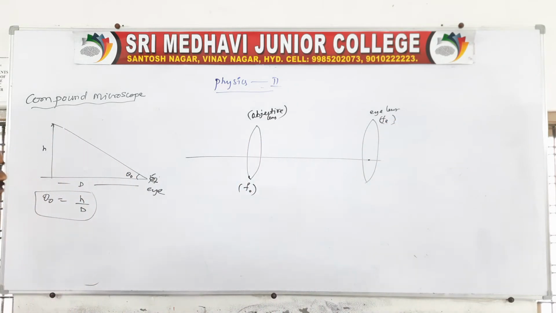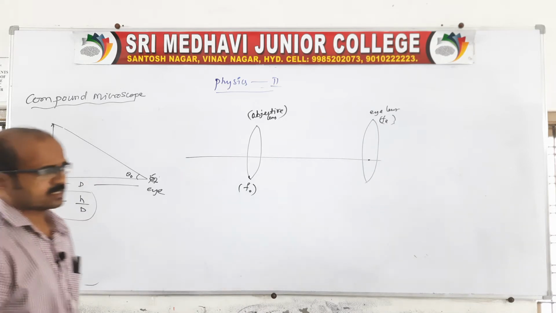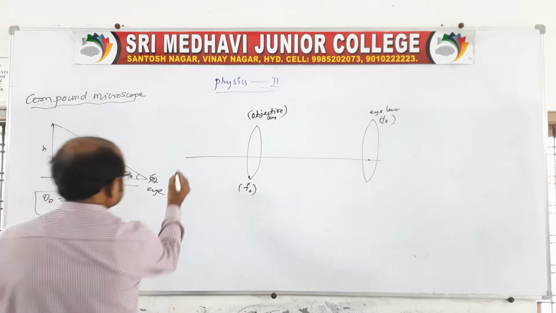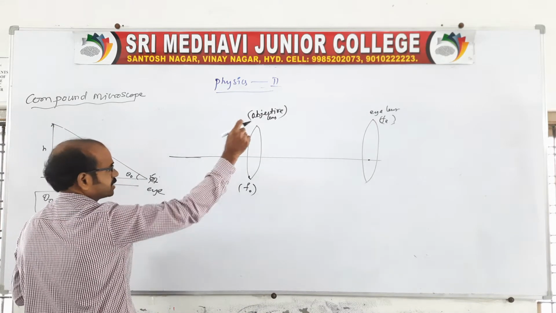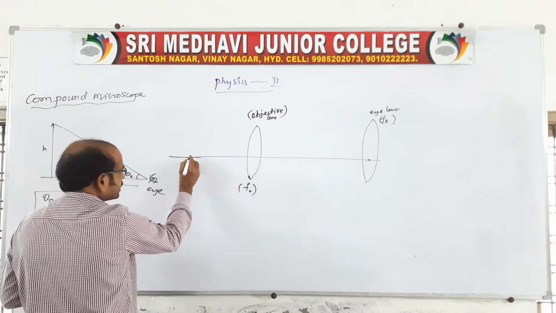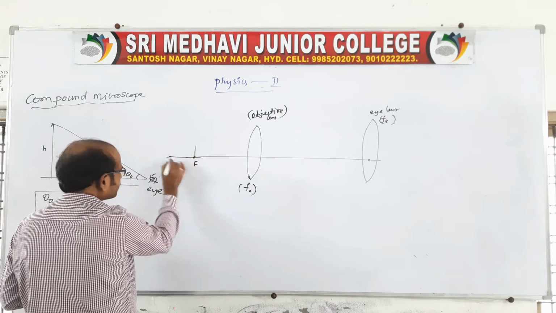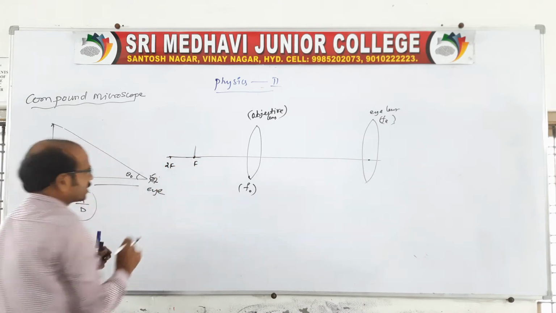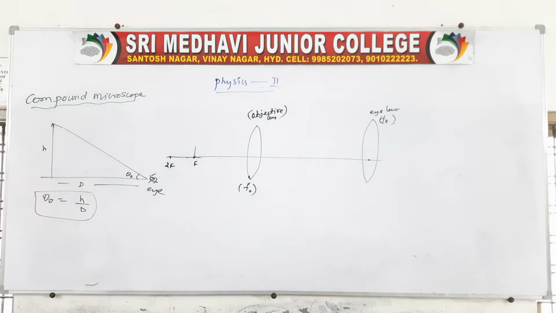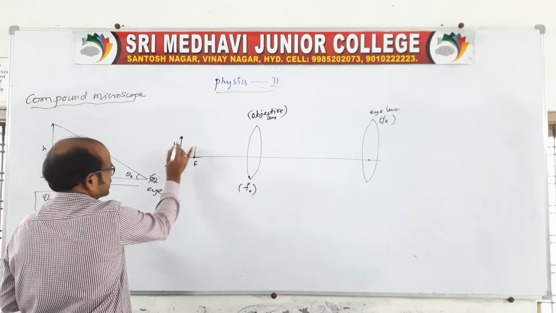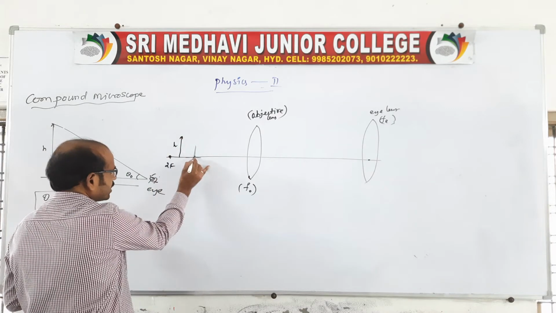Of course, the object position is adjusted by using the pinion. Therefore, the object is placed here and adjusted by that pinion. The object is adjusted between f and 2f, so the object is at a distance like this, between f and 2f.